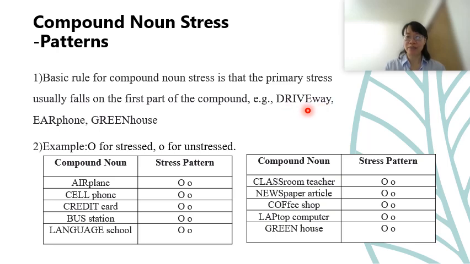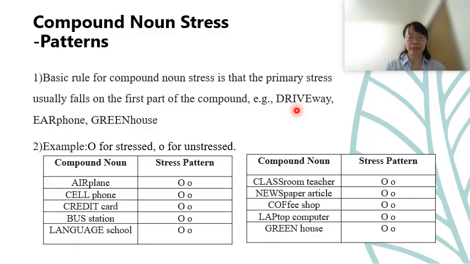Driveway together means a place to park your car outside your house. To say these word combinations correctly, link them together, basically don't pause between each word, and stress the first word as the basic rule for compound stress.